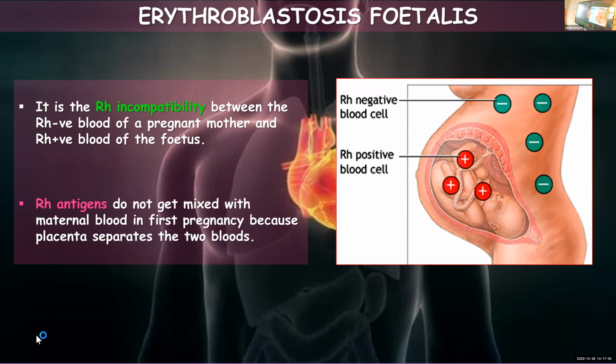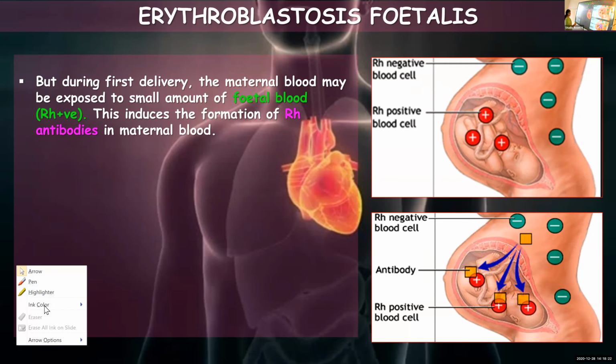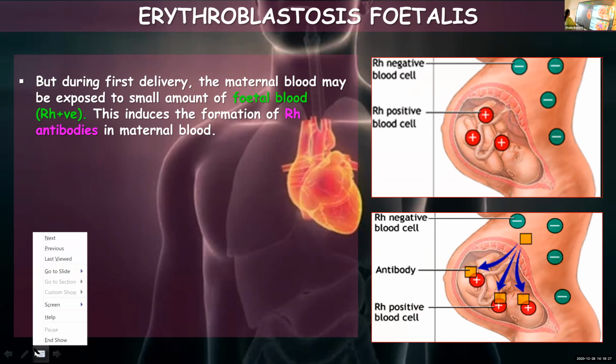Rh antigens do not get mixed with the maternal blood in the first pregnancy because the placenta separates the two bloods, the blood of the mother and the fetus. But during the first delivery, the mother's blood may get exposed to a small amount of fetal Rh positive blood. Just see the figure, this might result in the production of antibodies against the Rh factor.